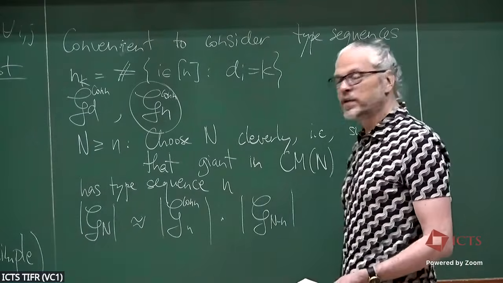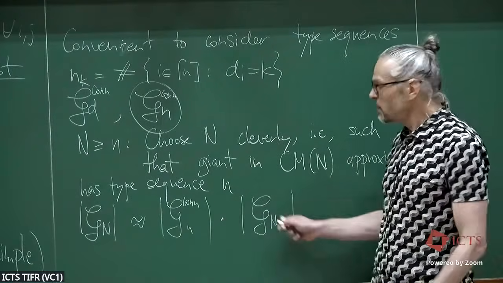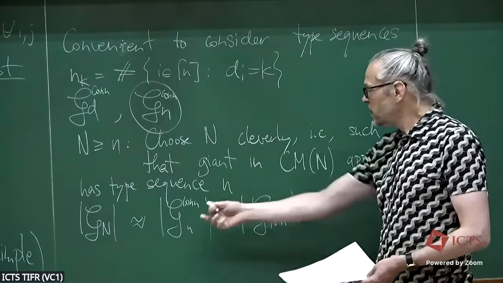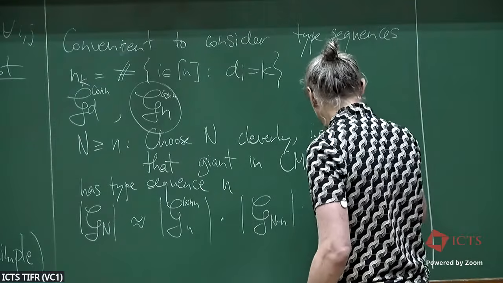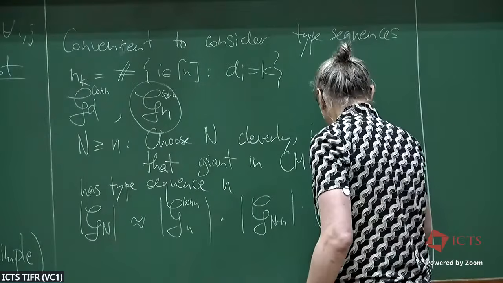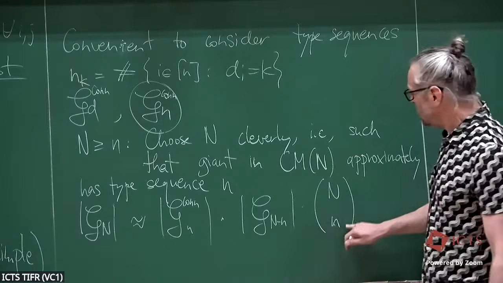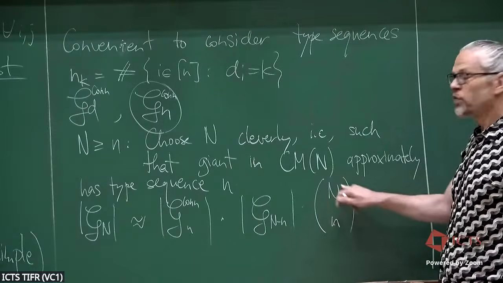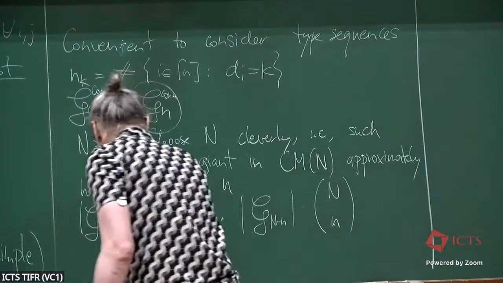Plus a counting factor, because all the vertices that I put in here, every vertex of degree i, I can choose where I want to put it. Okay, so I have to multiply this by the binomial coefficient, which basically tells me in how many ways I can pick these vertices from these. And this looks like a simple binomial, but it's actually a product of binomials.